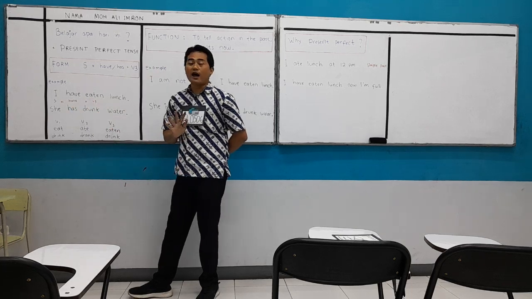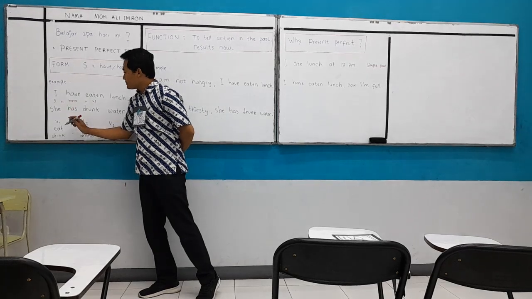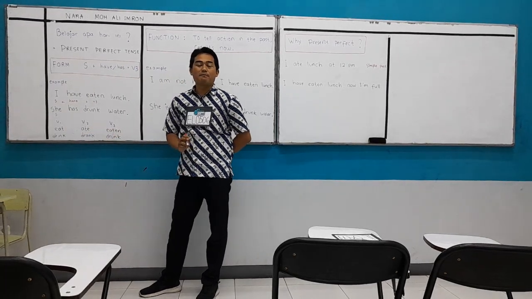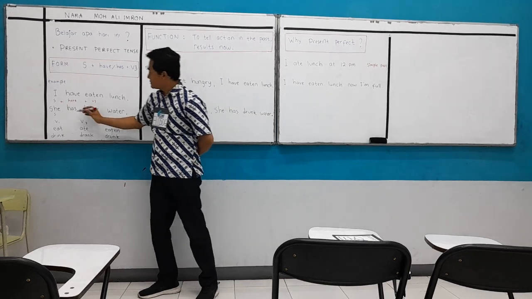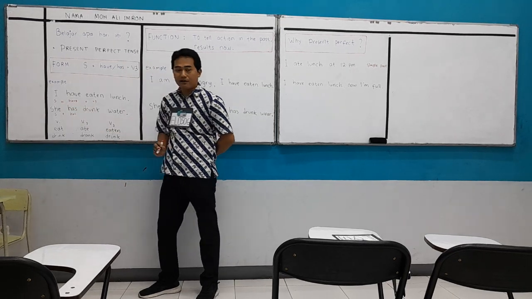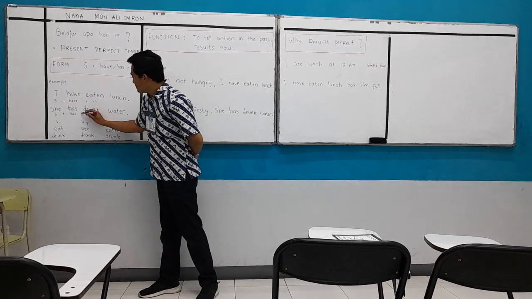So this is the formula. And then the next example. Here, because the subject is she, the auxiliary verb must be has. And after has, it is always followed by verb 3.